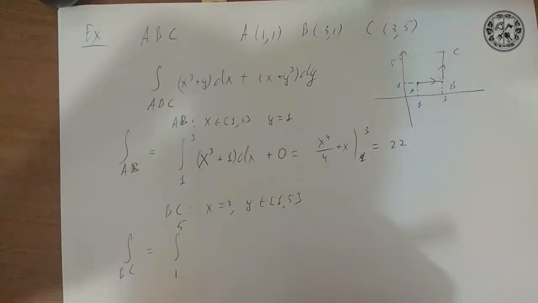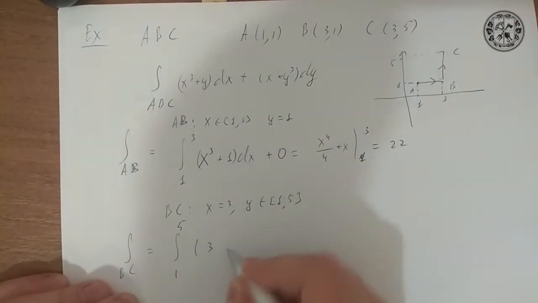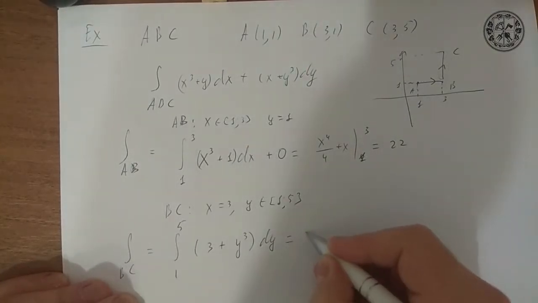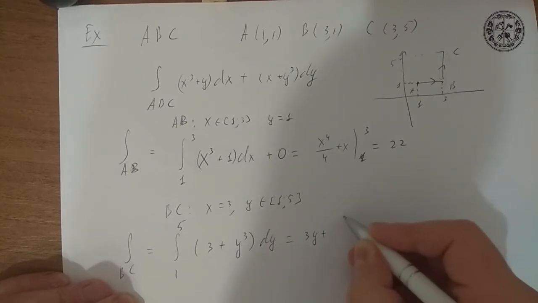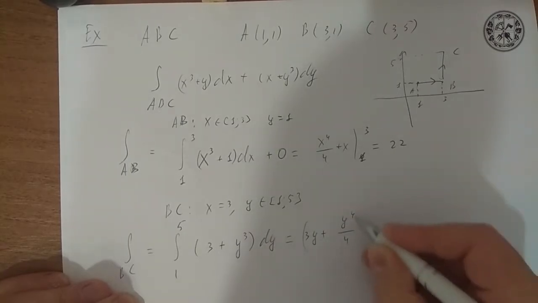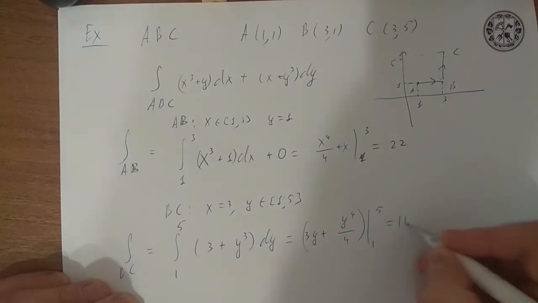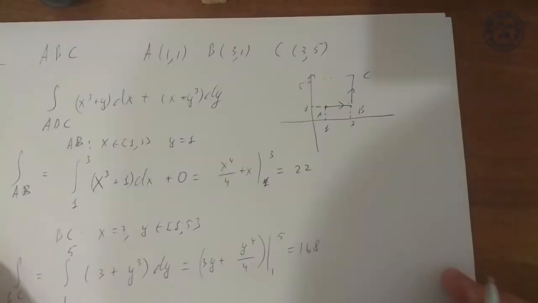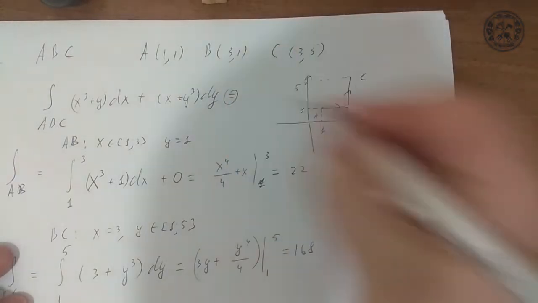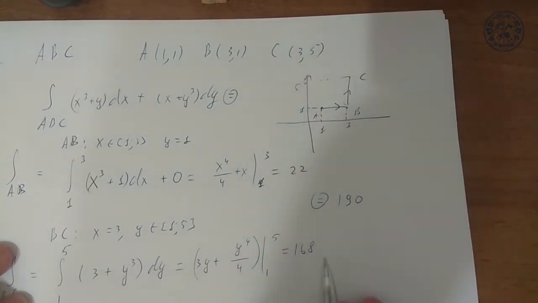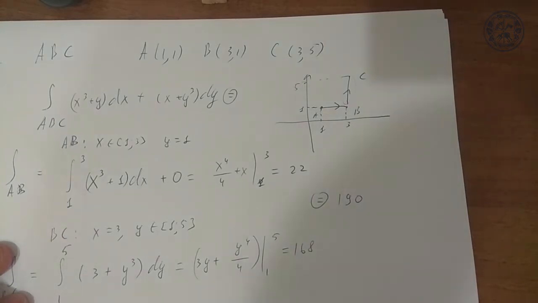But here we'll get (3 plus y cubed) dy, which will give us 3y plus y to the power 4 over 4 from 1 to 5, which will be 168, and our integral will total 190, that is 22 plus 168.